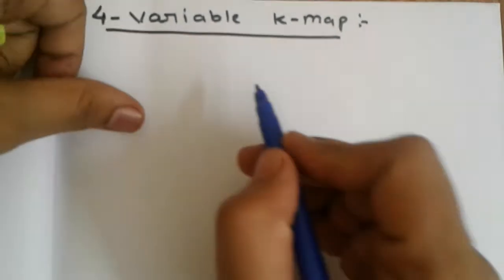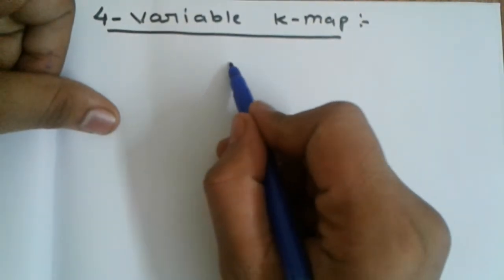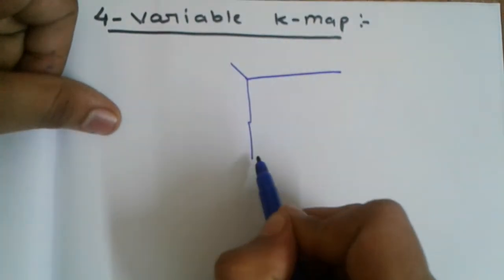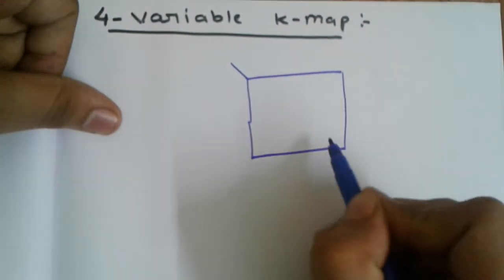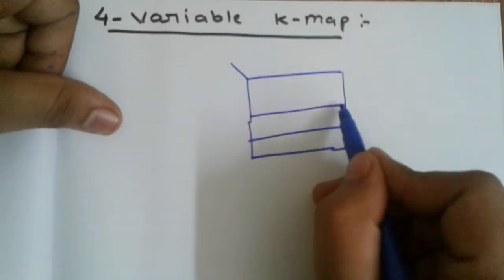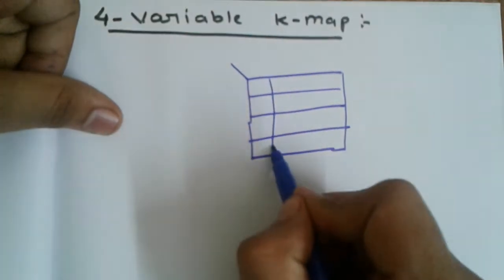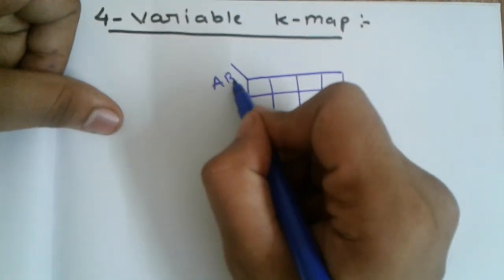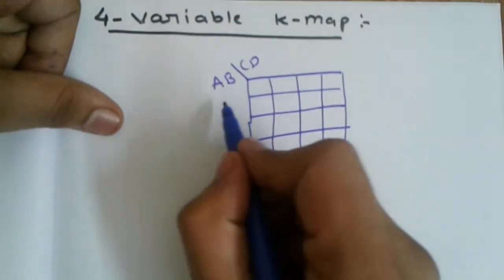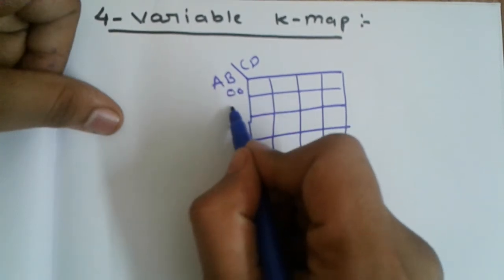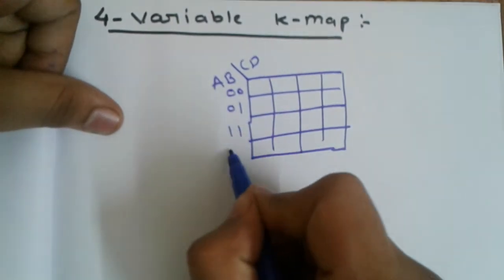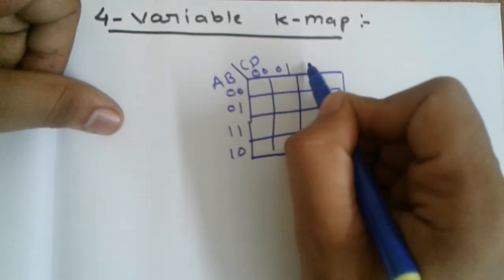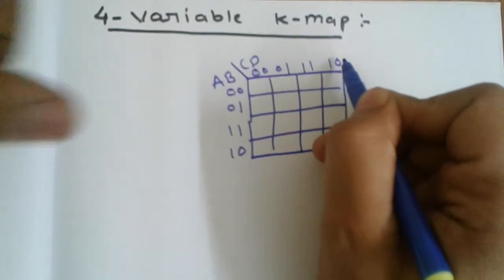So firstly, let us start with 4 variable K-map. Suppose I have 4 variables A, B, C, D. Here we mark the numbers as reflected code, and I have given the clue about why we are marking the reflected code.